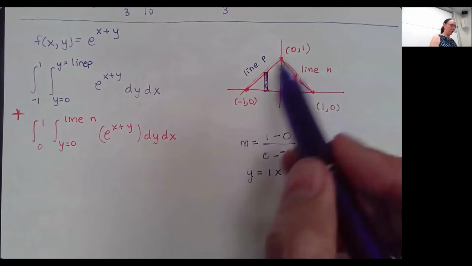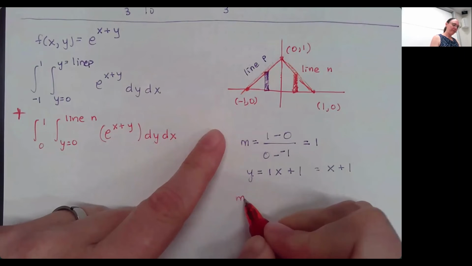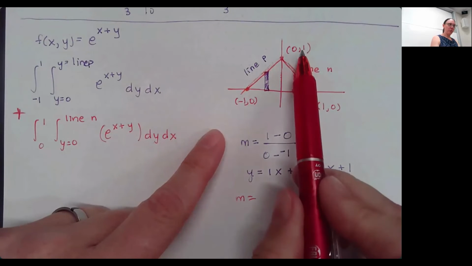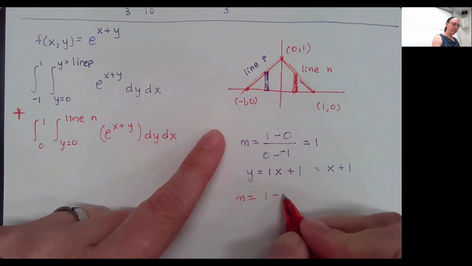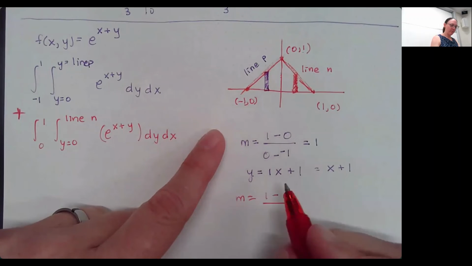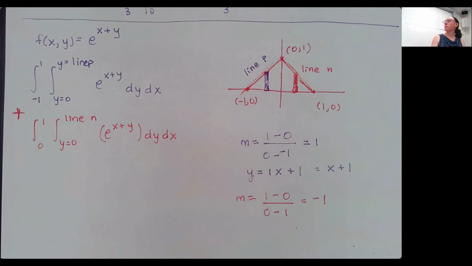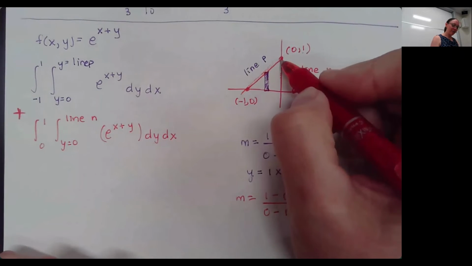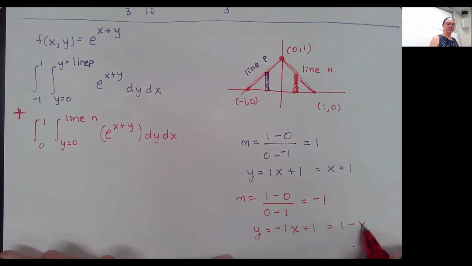On my negative slope side, if I find that slope, I'm going to do y2 minus y1 over x2 minus x1. And I'm going to get a slope of -1. Since they have the same y-intercept, I know this equation is going to look like -1 times x plus 1, or 1 minus x.